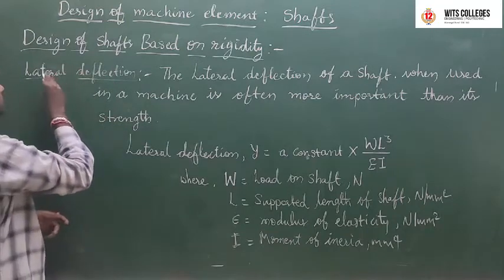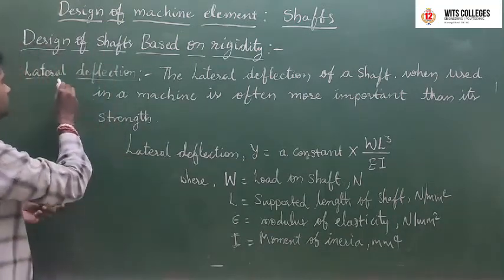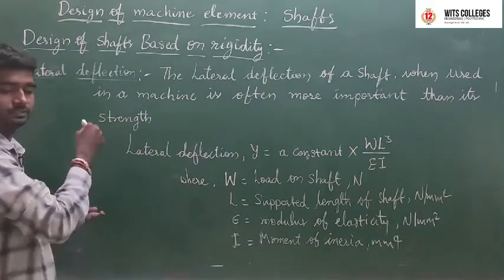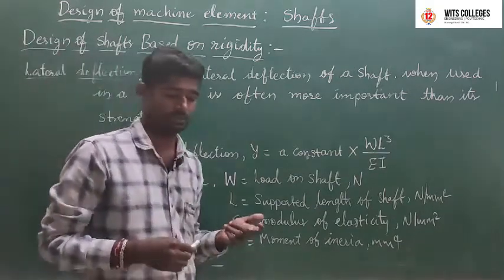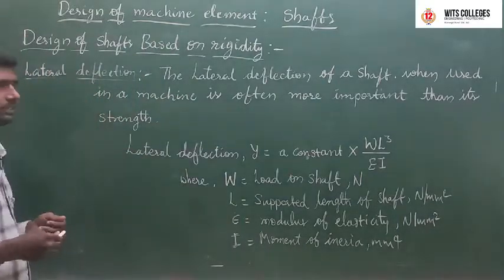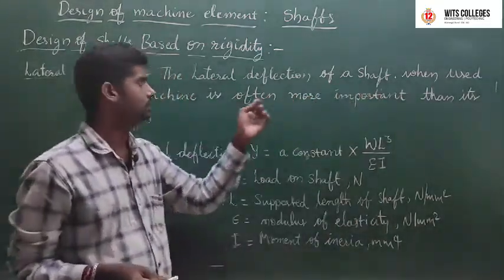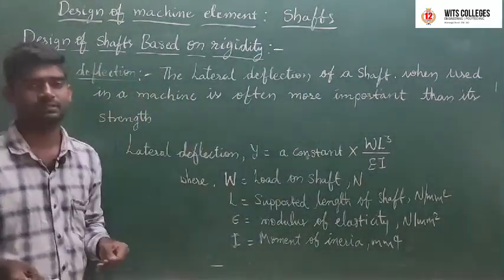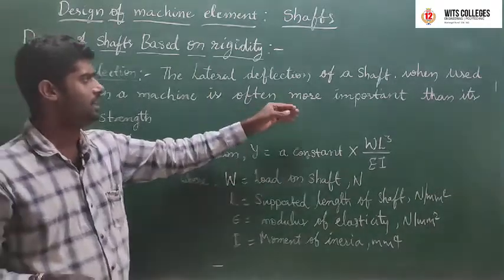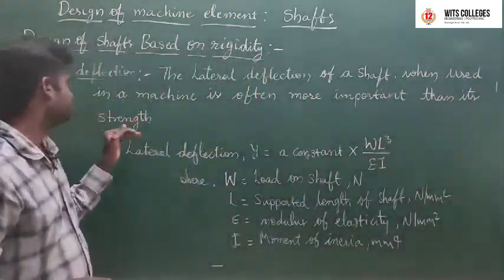Design of shafts based on rigidity is divided into two: torsional rigidity, which we already know, and lateral deflection. The lateral deflection of a shaft when used in a machine is often more important than its strength.